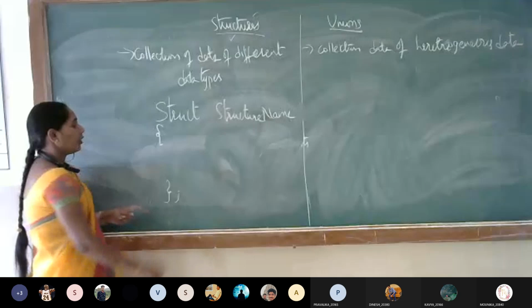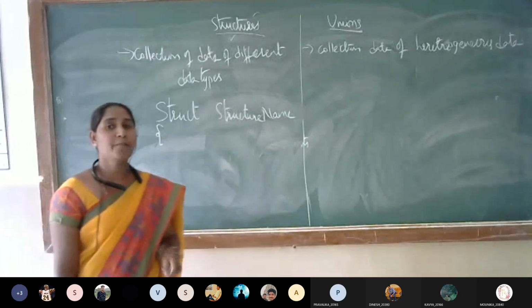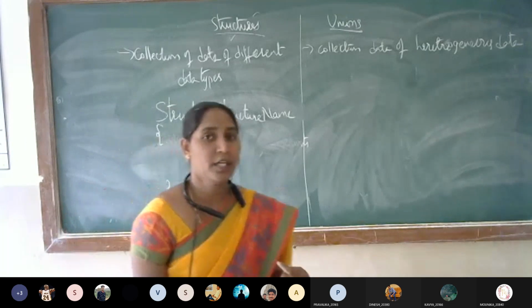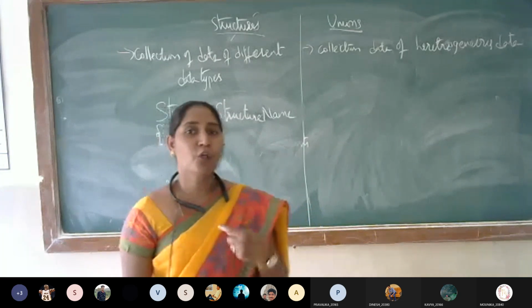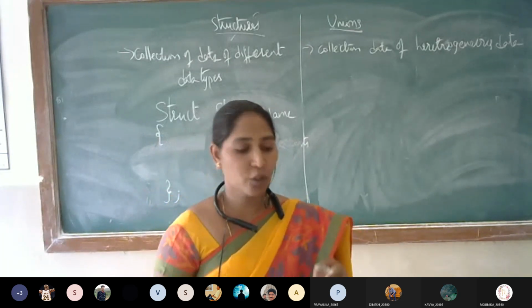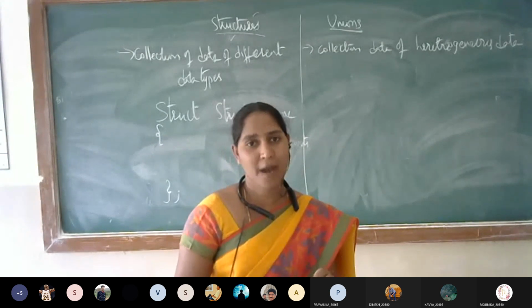In between the opening and closing flower braces, we specify the different kinds of members of that structure. For example, if I want to create a structure of student, the student will consist of student ID, student name, and student marks.